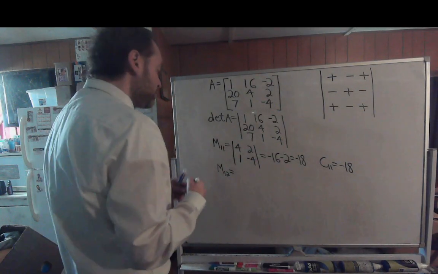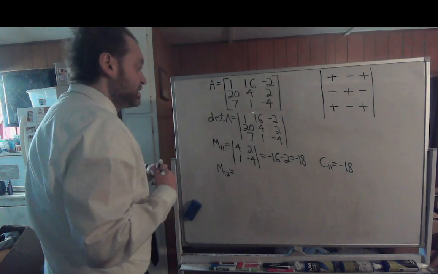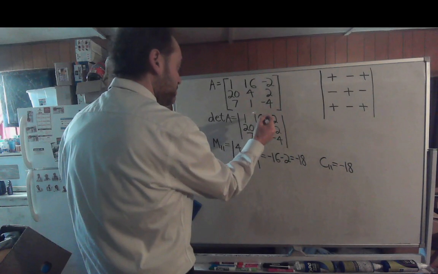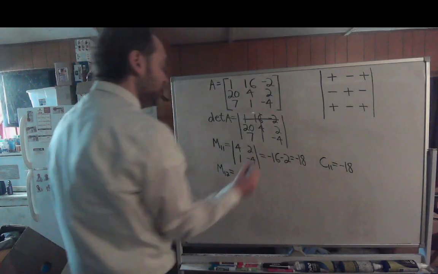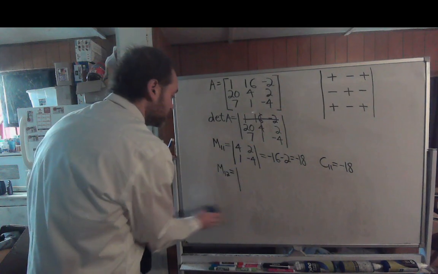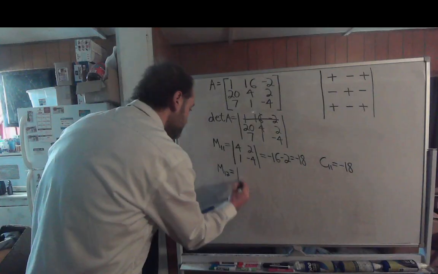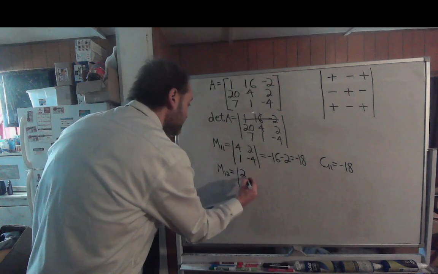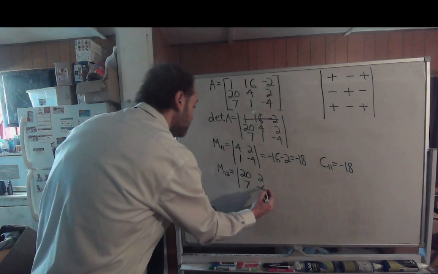Alright, so minor 1, 2, we're going to deal with that coefficient of 16. So take your marker here, or pencil, whatever, strike out the column and the row that it's in. That's going to be the determinant of 20, 2, 7, and negative 4.